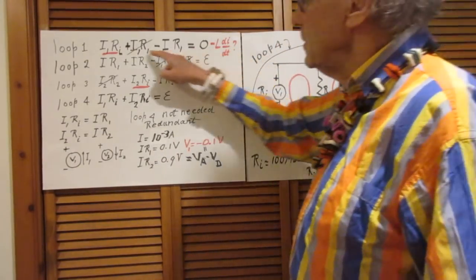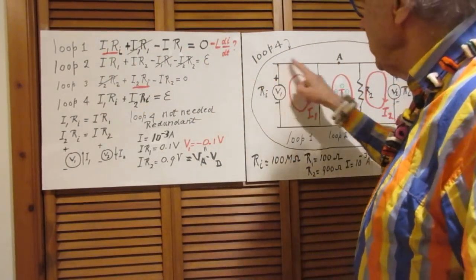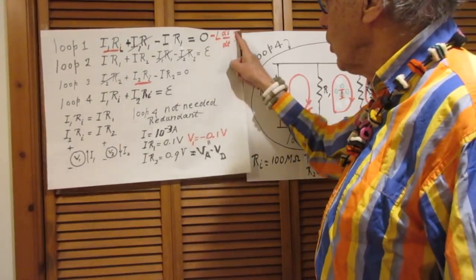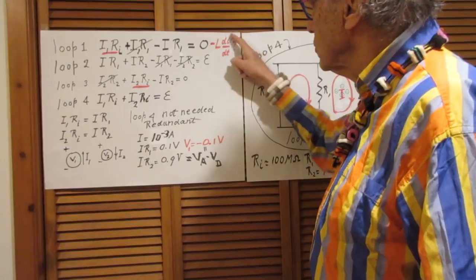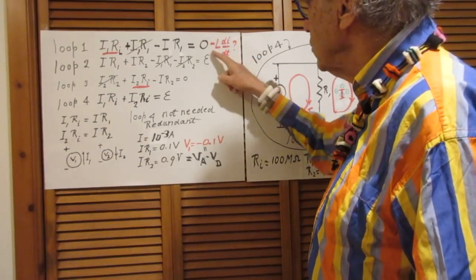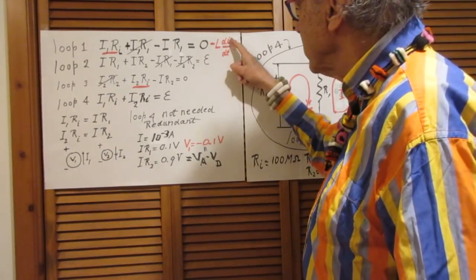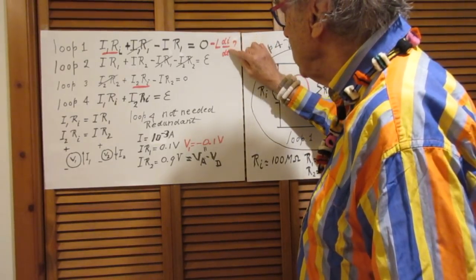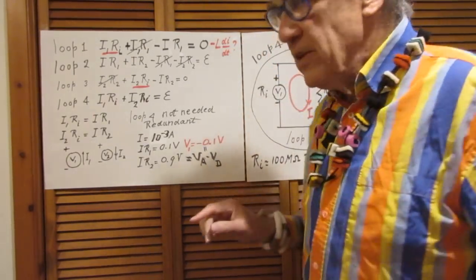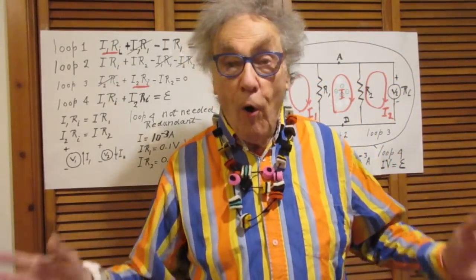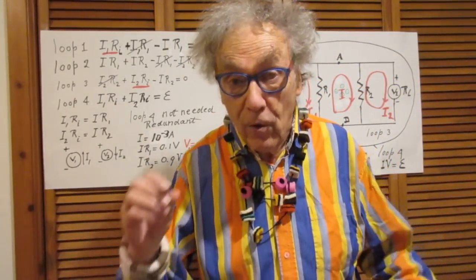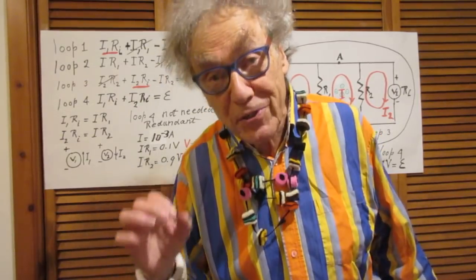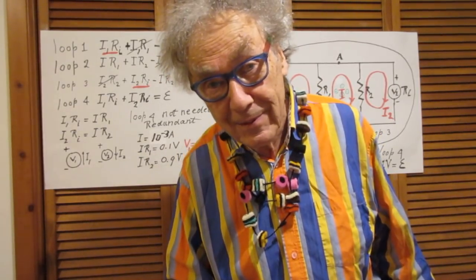So if this closed loop integral were not 0, because I take into account the inductance of the wires, I should have put here a term minus L di/dt. The di/dt then is 1 ampere per second. The self-inductance of a 1 meter copper wire of 3 millimeters thick is 1 millionth of a Henry.